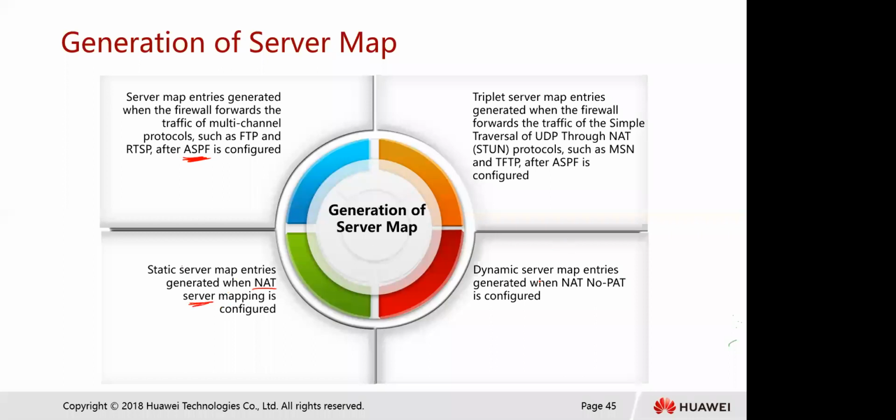Dynamic server map entries are generated when NAT no-PAT is configured. Also when the firewall forwards traffic over STUN, UDP through NAT, protocols such as MSN and TFTP, after ASPF is configured.